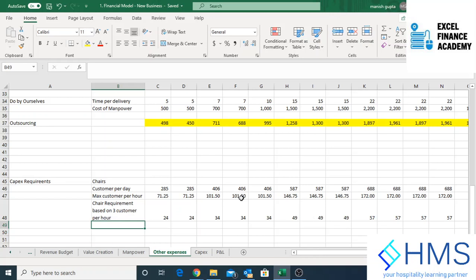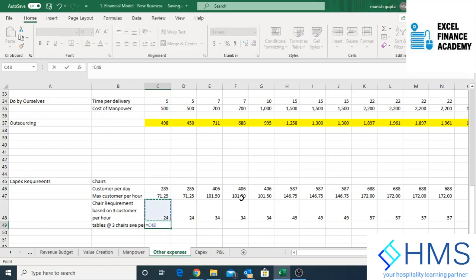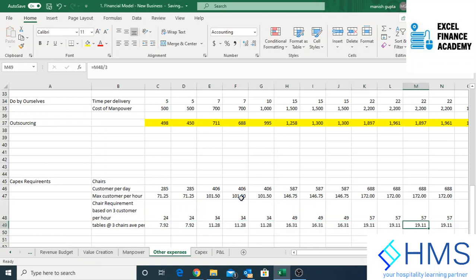So with 3 chairs average per table, that means divide by 3. So you need at least 20 tables.